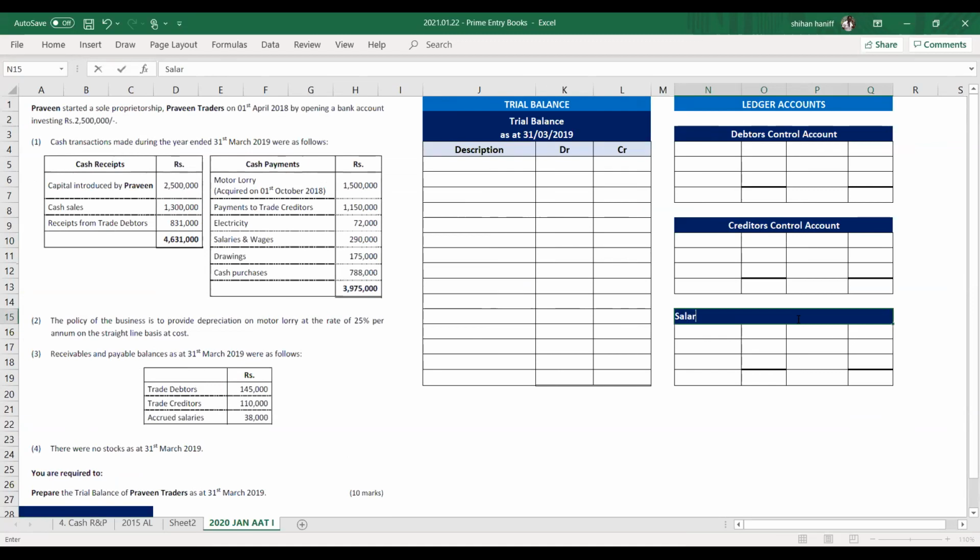Salaries. And also let's prepare a cash account as well.